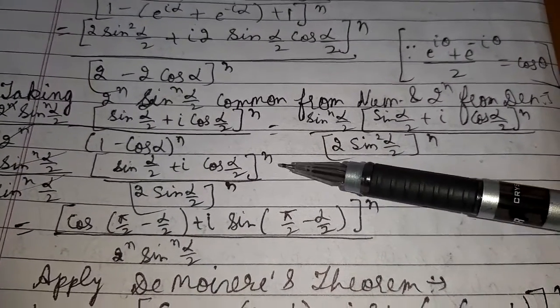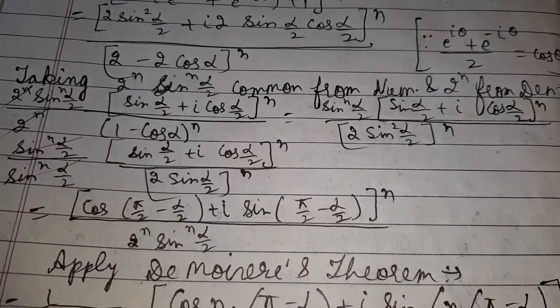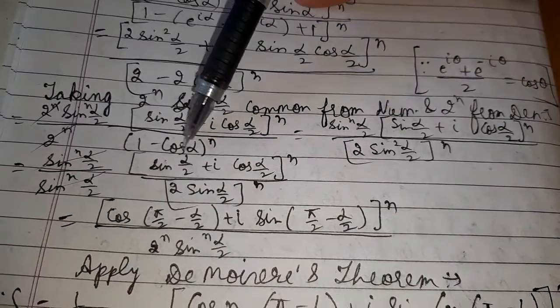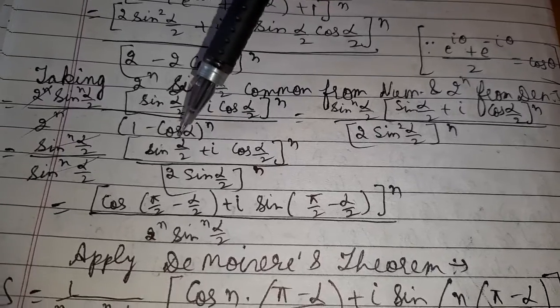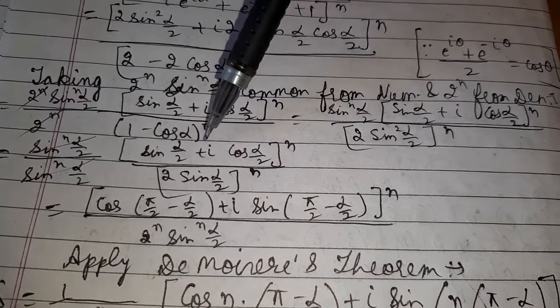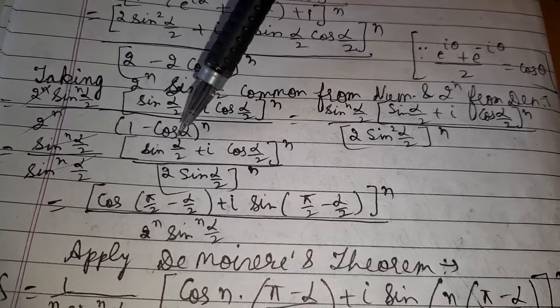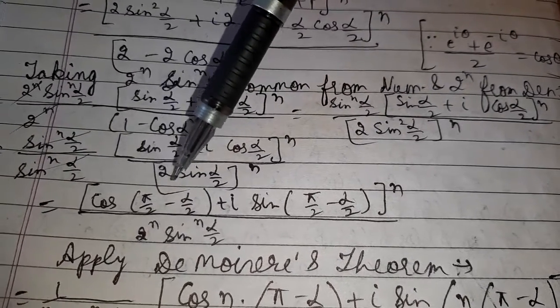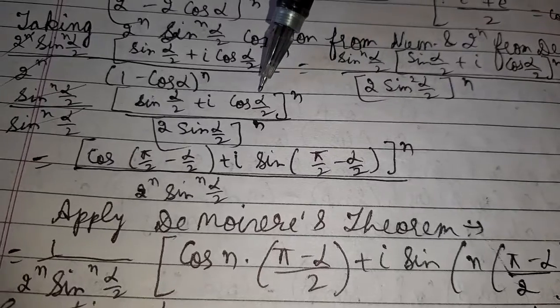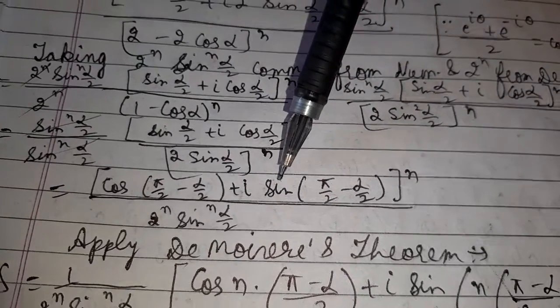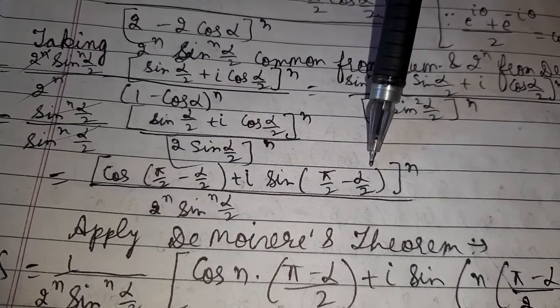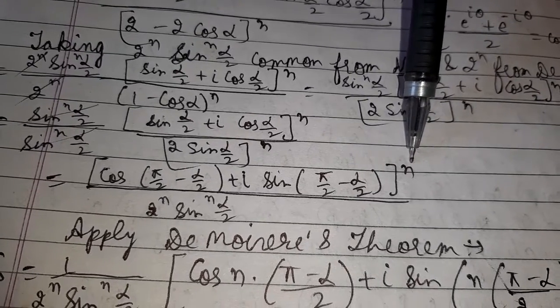Now we have to apply de Moivre's theorem, and for de Moivre's theorem it should be in the form cos theta plus iota sin theta, and the angle must be the same. For that, sin alpha by 2 can be written as cos of pi by 2 minus alpha by 2, and cos alpha by 2 can be written as sin of pi by 2 minus alpha by 2. Now we can apply de Moivre's theorem.